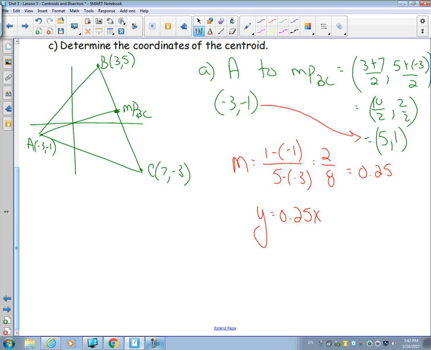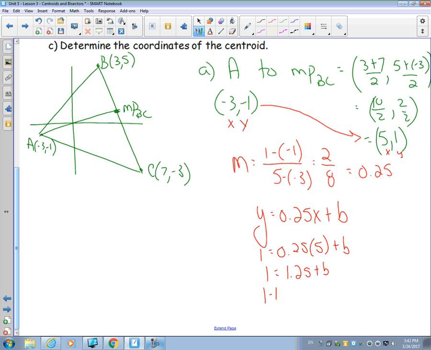I can plug that into my equation. That's my slope. To find b, I need to know an x and a y, and I have two choices. I can use point A or the midpoint, because that's where it starts and that's where it ends. Those are points on my line. I'm going to use the midpoint because it's got positive numbers. So 1 for y and 5 for x. I'm going to expand my brackets. 0.25 times 5 is 1.25.